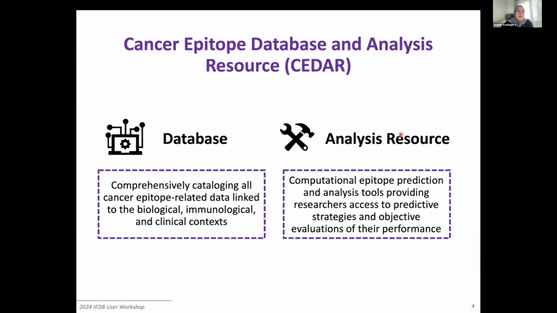And just like the IEDB, CEDAR is also divided into two main components. We have the database, where we catalog all the relevant biological and clinical data for these epitopes. And then we also have the analysis resource, where we provide computational prediction tools and analysis tools.